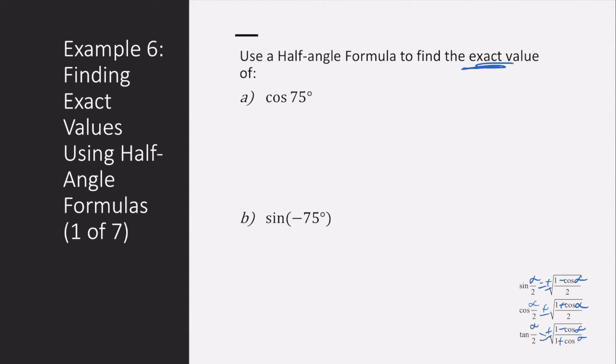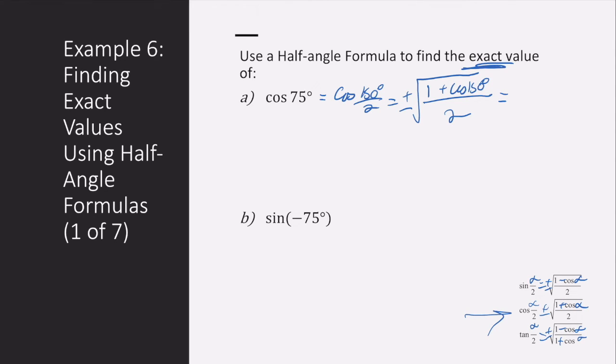That means you can't punch it into your calculator and approximate. The issue is 75 degrees isn't on our unit circle, but you know what is? 150 degrees. So this is like saying I want the cosine of 150 degrees divided by 2. Well, I have a formula for that. That gives me plus or minus the square root of 1 plus cosine of 150 degrees over 2.